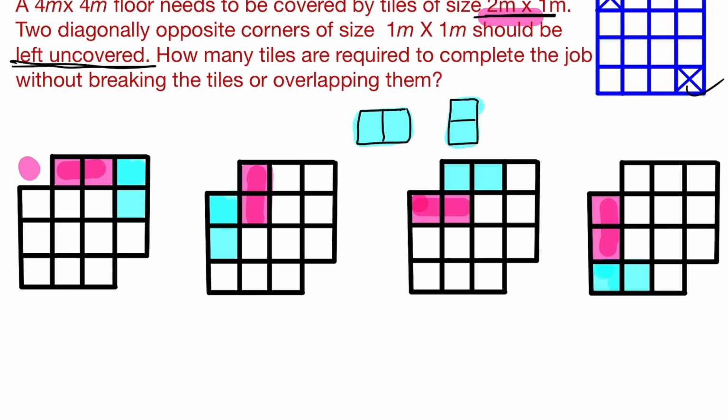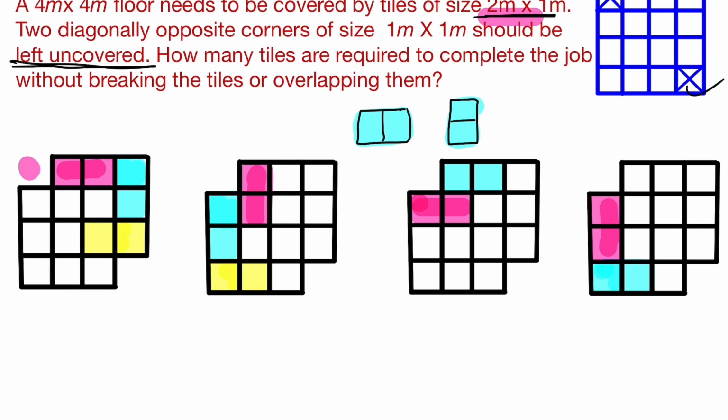Now let us fill the remaining blocks. Here we have this 1 by 1 block, so put this tile horizontal. Again here we have a 1 by 1 block, so we have to put the tile horizontal because we want to cover all these blocks, so we have to go 1 by 1.